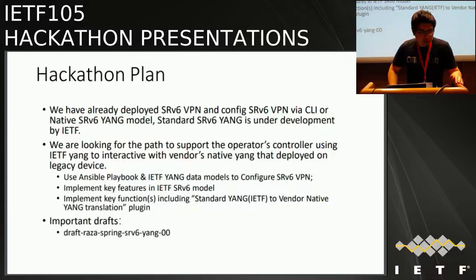The project here is that we're using the Ansible playbook and the IETF YANG models to configure SRv6 VPN and implement the key features in the IETF SRv6 model. Also, we want to develop a plugin to support the standard YANG model and translate it to the native model.